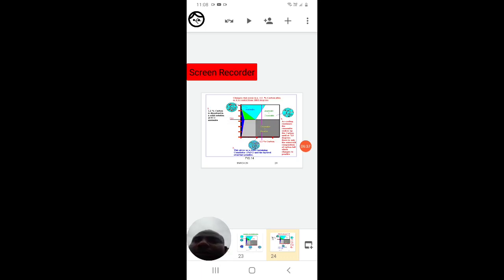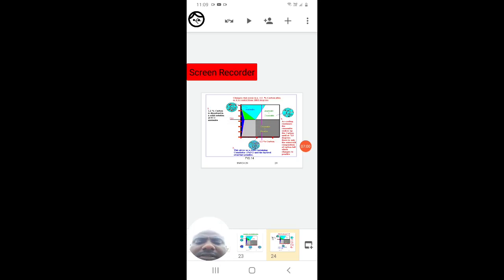The lowest amount of carbon content is ferrite, which is in the form of alpha iron. Gamma iron is the most stable form, called the austenite form.